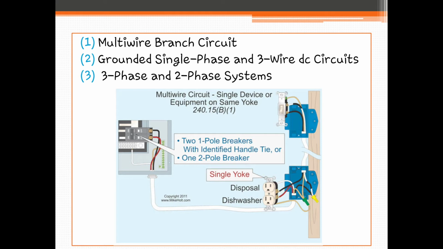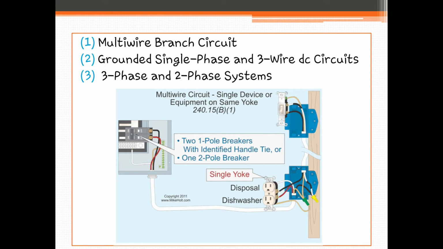So first is multi-wire branch circuit that supplies only line to neutral loads. Individual one-pole breakers with identified handle ties are permitted for a multi-wire branch circuit that only supplies line to neutral loads.